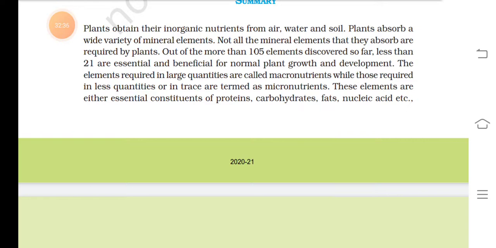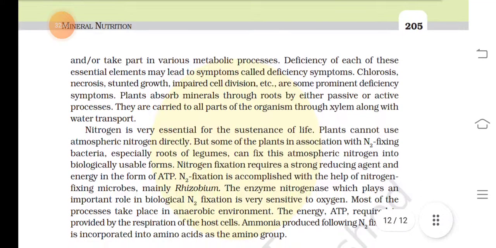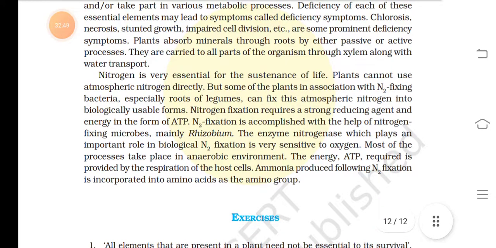These elements are either essential constituents of protein, carbohydrate, fats and nucleic acid etc., or take part in various metabolic processes. Deficiency of each of these essential elements may lead to symptoms called deficiency symptoms: chlorosis, necrosis, stunted growth, impaired cell division etc. are some prominent deficiency symptoms.